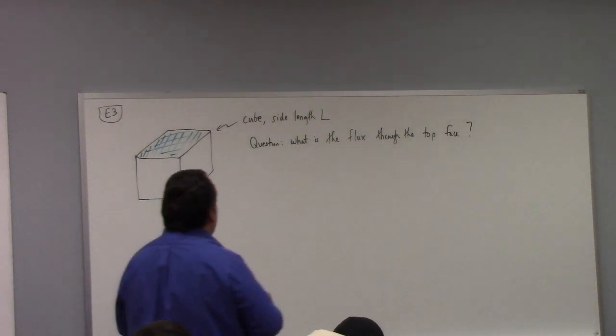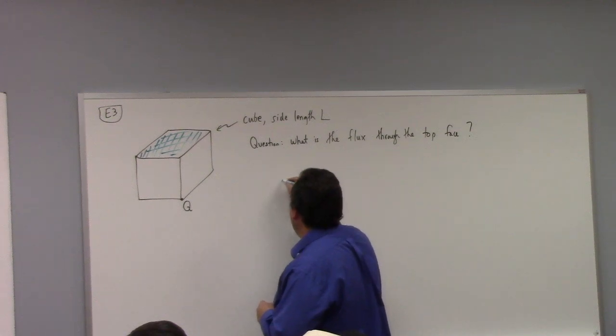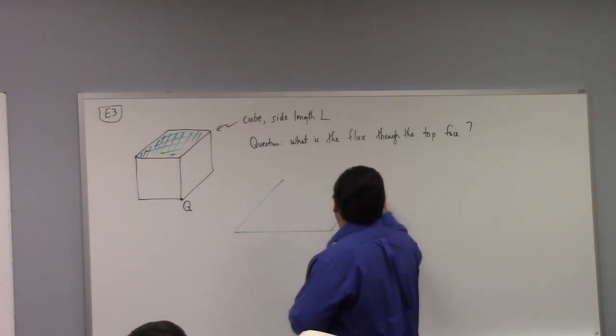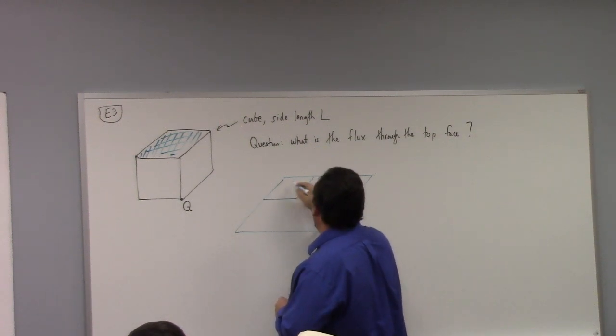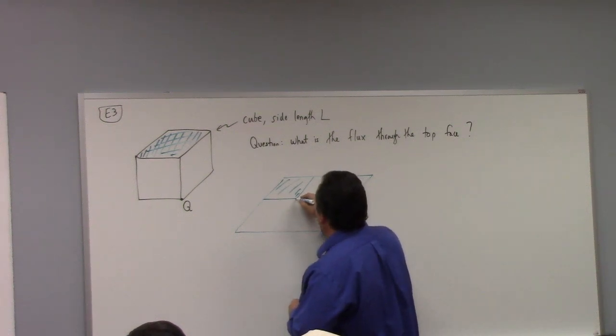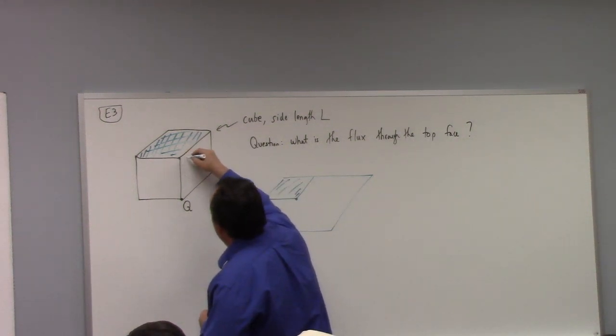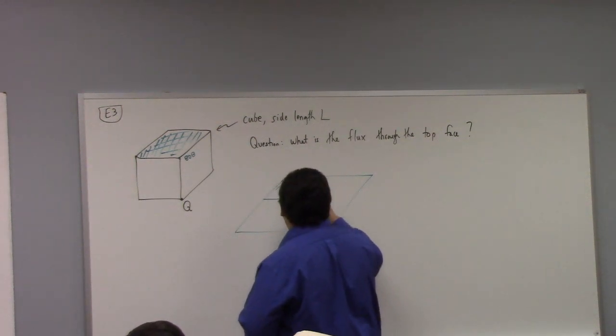Let me draw a suggestive picture. What if we envision that particular face as, let's say, this right here? So this point of reference is this point of reference. I'll call it Bob.